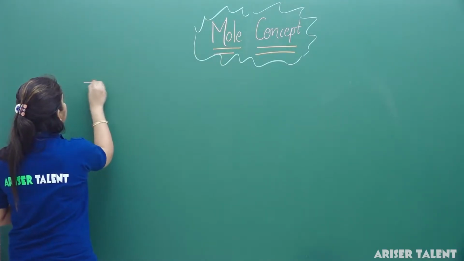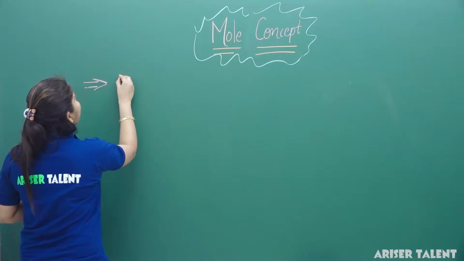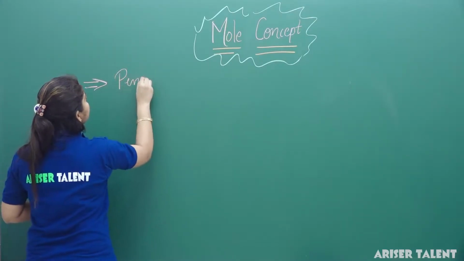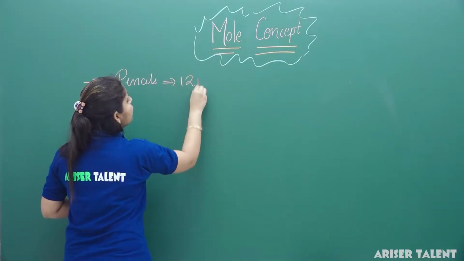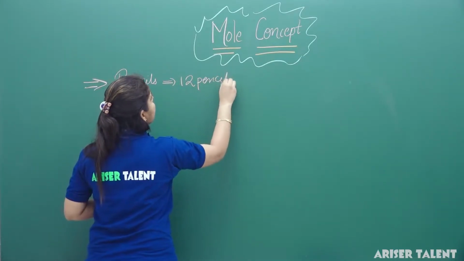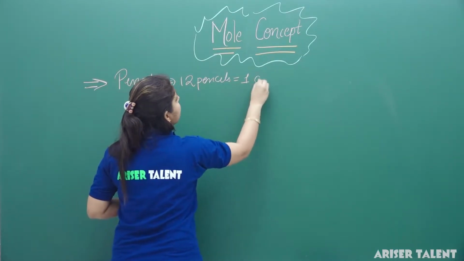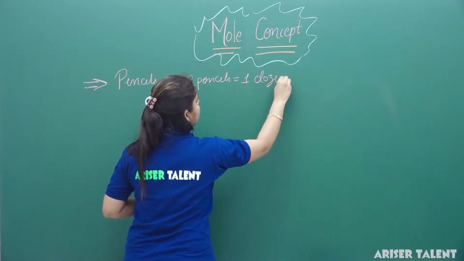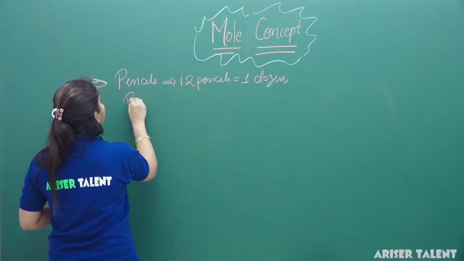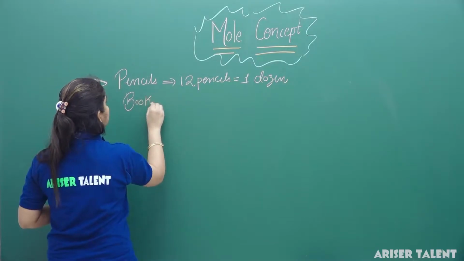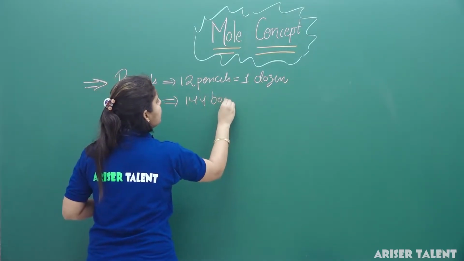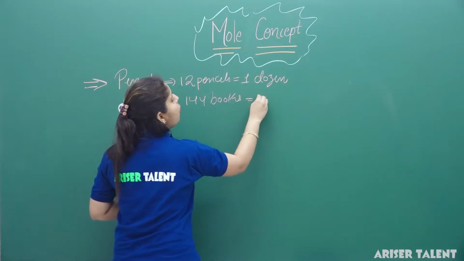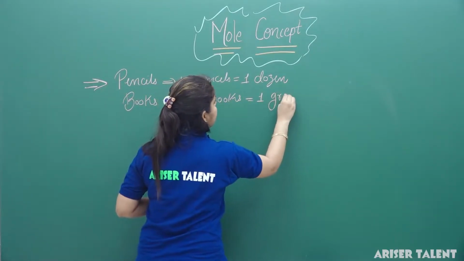Suppose if I have to count pencils, we may say 12 pencils. So, we may call it 1 dozen. Suppose I have to count the books. If I have 144 books, I can call it 1 gross.